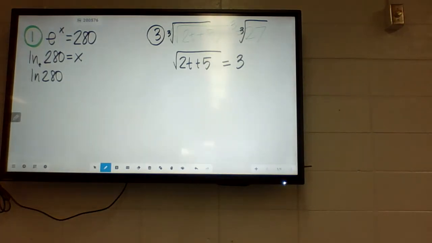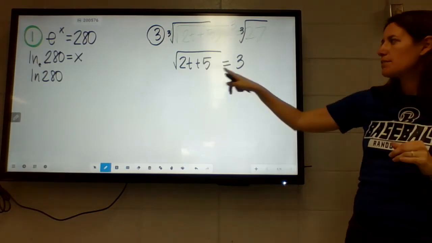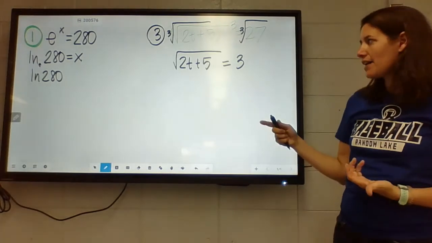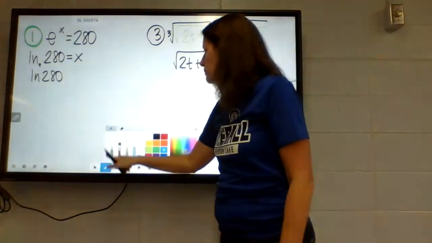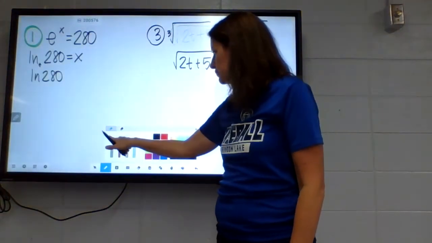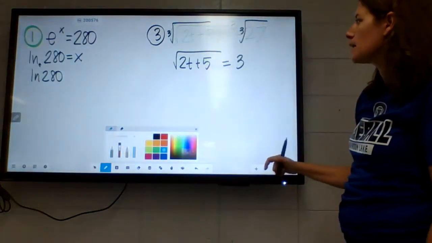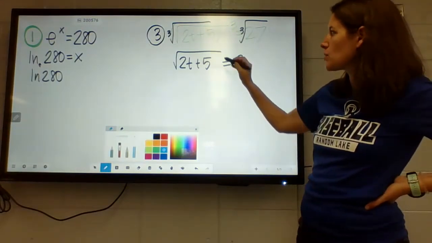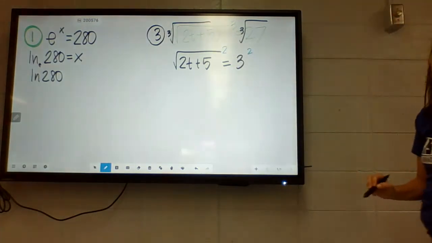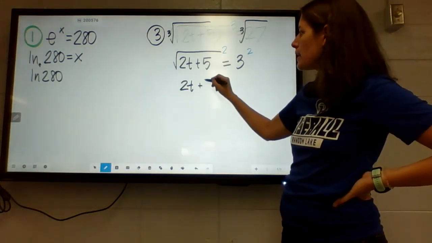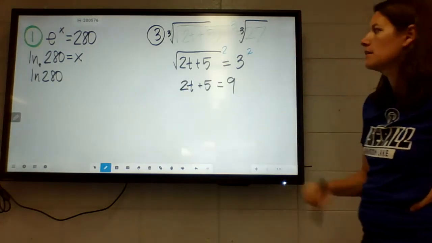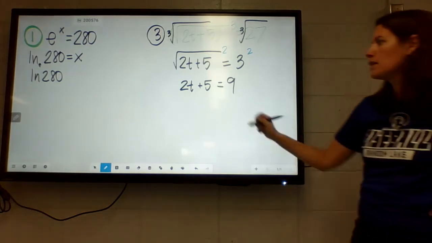So I got rid of that third power first. So there was a third power, and so I took the cube root. Now that should be 2t plus 5. I realize my thing looks like a plus and a t at the same time. So now I'm going to square each of these to get rid of the square root. So it's 2t plus 5 equals 9. And now I can solve that.